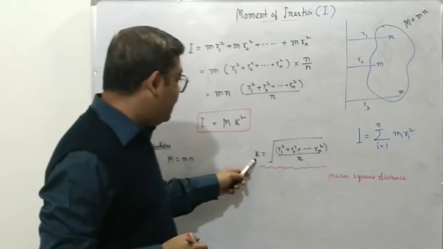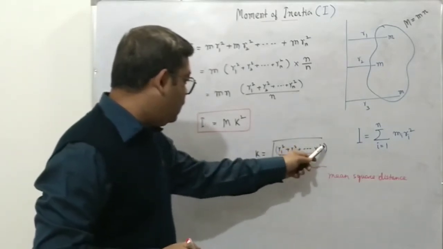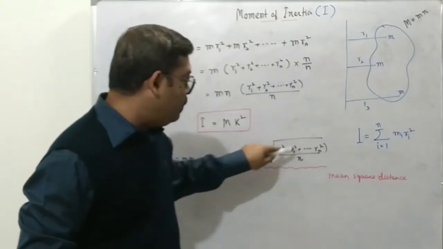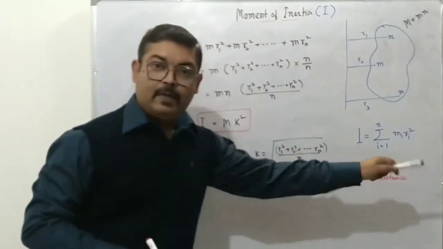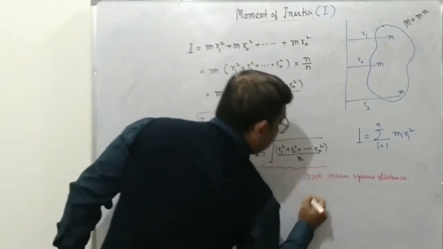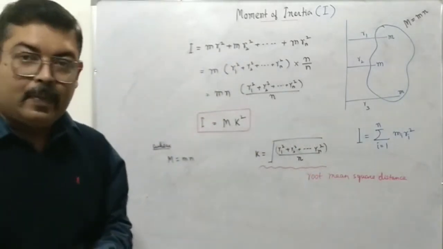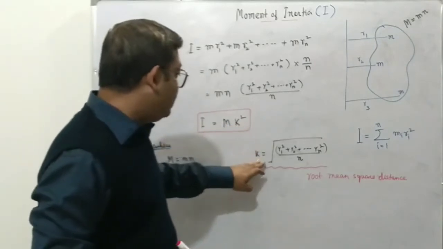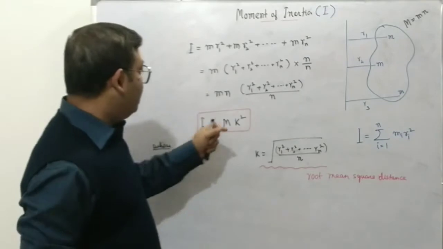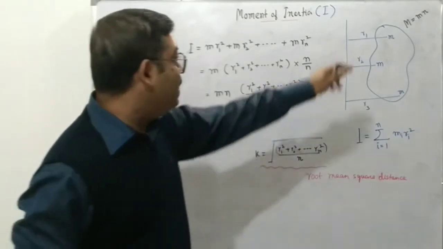However, k is not equal to the term under the square root. It is actually k equal to the square root of the mean of the square of the distances. So k is known as the root mean square distance of the particles of the rigid body.